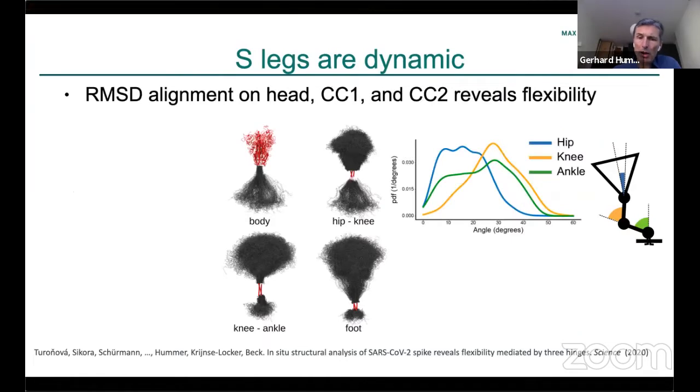When we zoom in and do an RMSD alignment on these more rigid parts, you can see that the rest of the protein really frays out. These are superpositions of structures along the MD trajectory. And this indicates these are very flexible hinges, and that's also emphasized by this distribution of the hinge bending angle. That was very interesting.